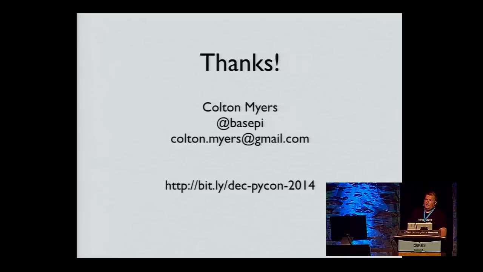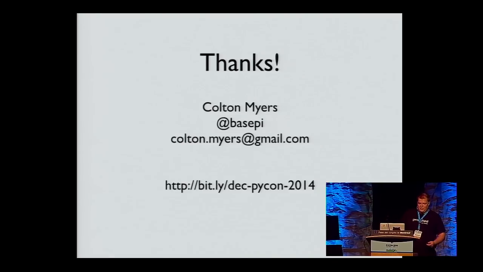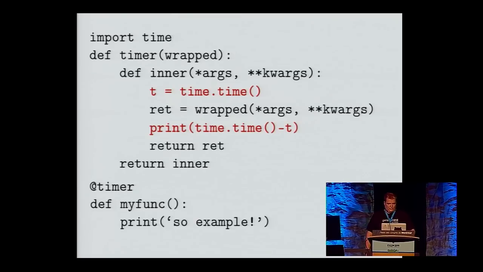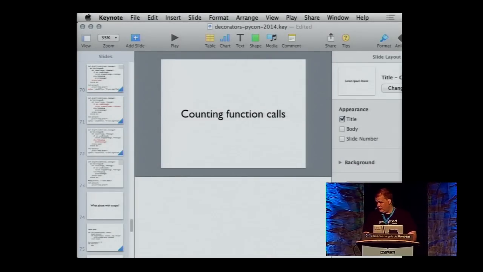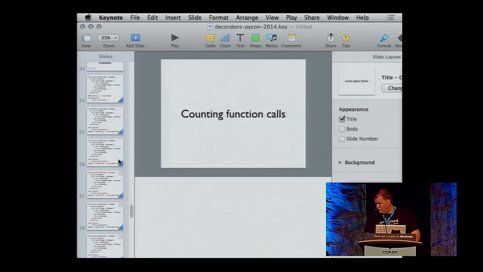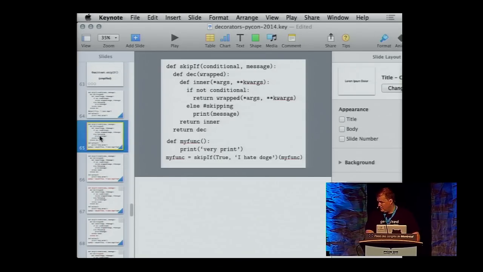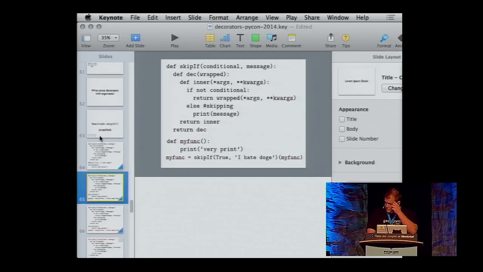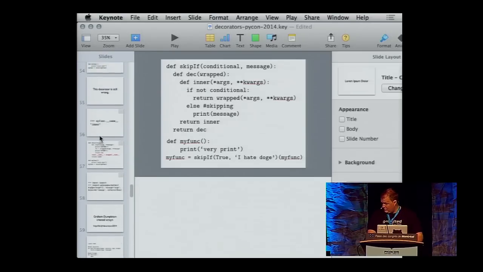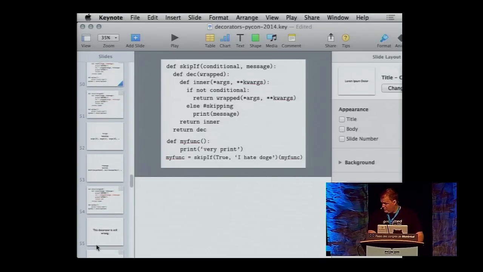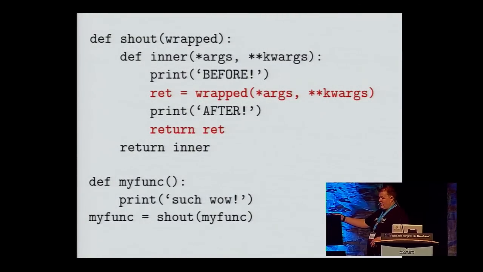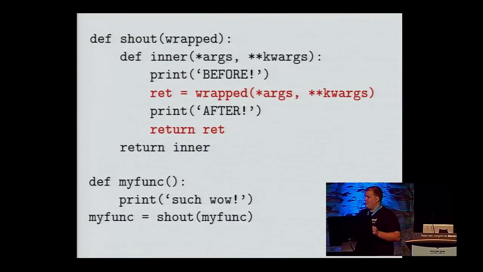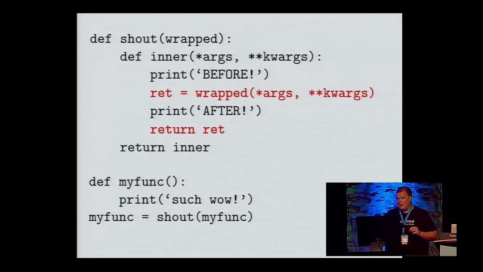Oh, sure. So if you remember, let's go back to one of these examples here. Let's actually go to an even simpler example. So we have our myfunc, and the decorator syntax resolves to myfunc equals shout(myfunc).